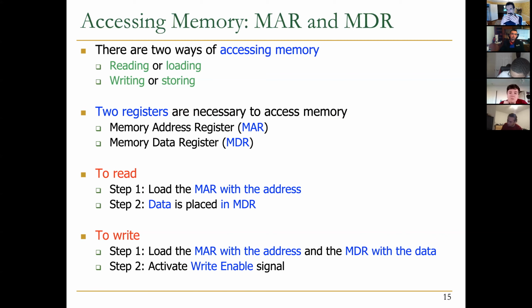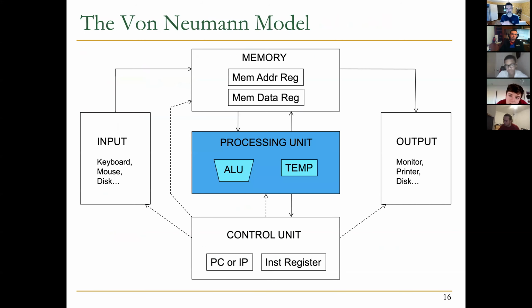For writing, you have a data, you have an address, you put them in these two registers, and you activate the enable signal in order to get this task done. This is what you see in the memory, right? So you need to have these two registers in order to do these operations: memory address register and memory data register.